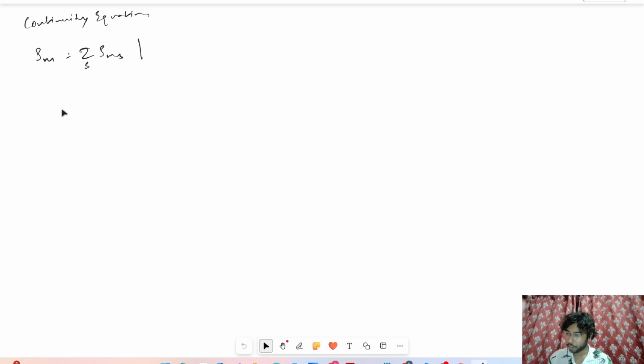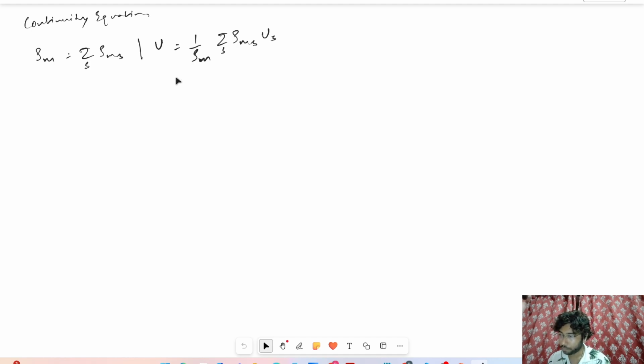Similarly, the mean velocity of the fluid, not the velocity of the individual species, the mean velocity of the plasma, will be given like this. Here rho_s is the density of each species, u_s is the velocity of each species, and u is the total fluid velocity.